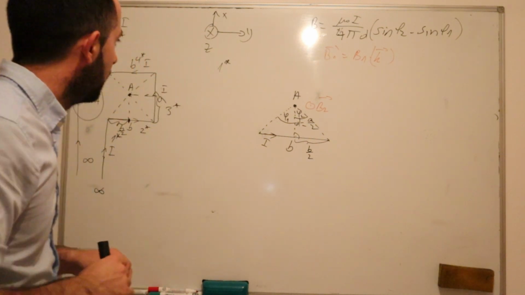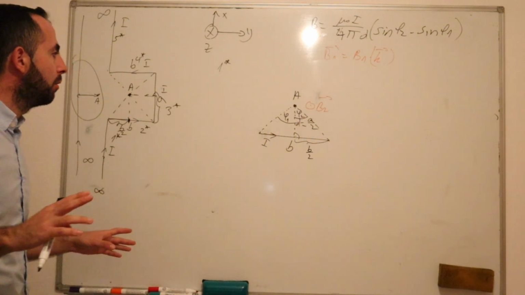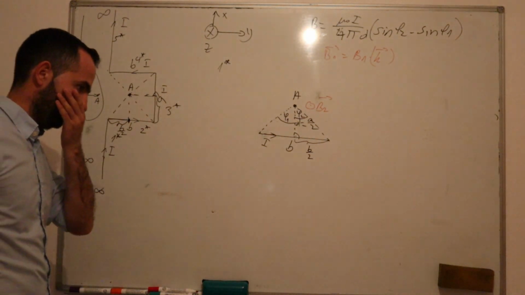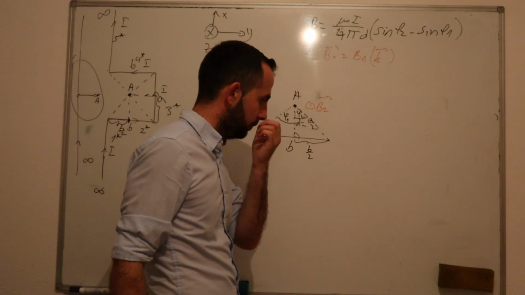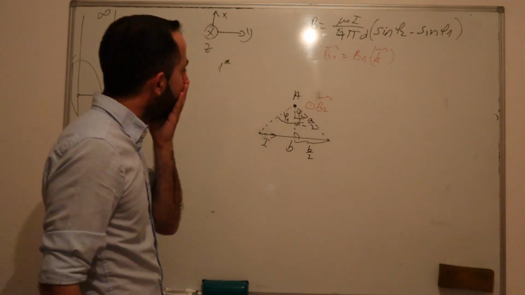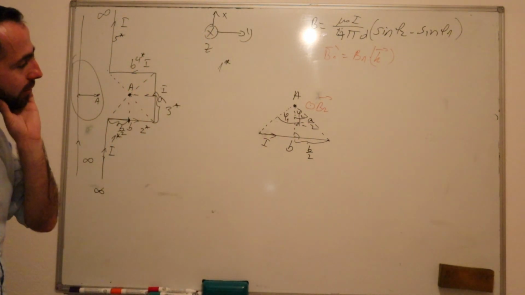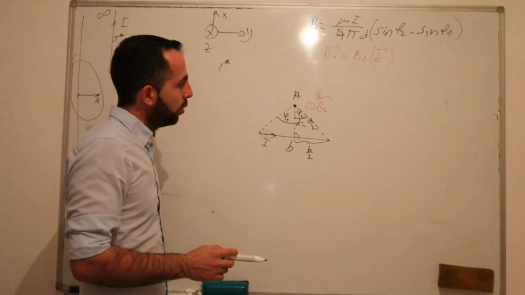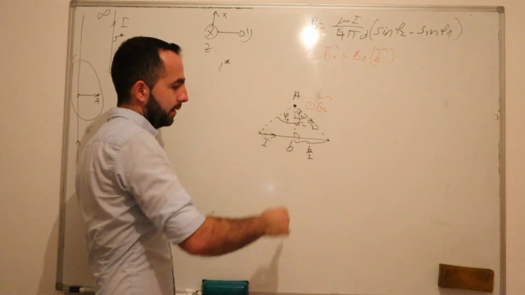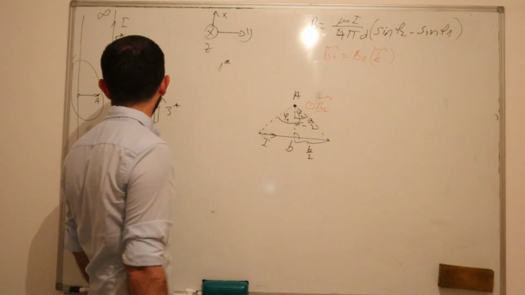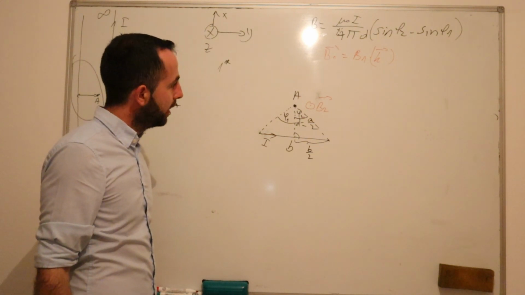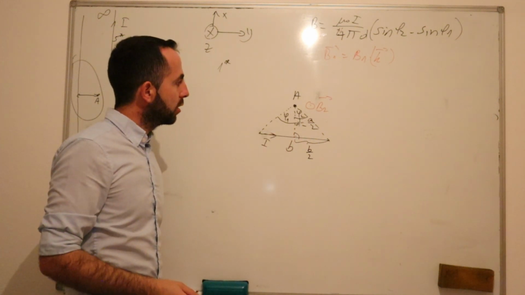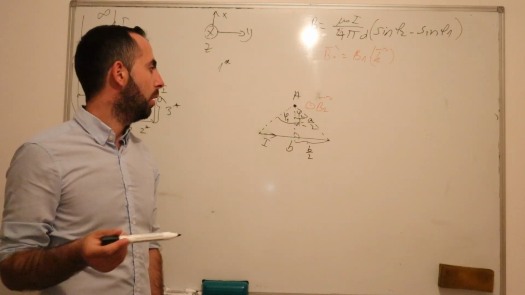Now that is a small problem, but it is solved the same way as here. How will we solve it? Okay, what do we know? We know that this side is A/2, that this side is B/2, and we need to know this and this angle. In order to know these angles, you can also use tangents.